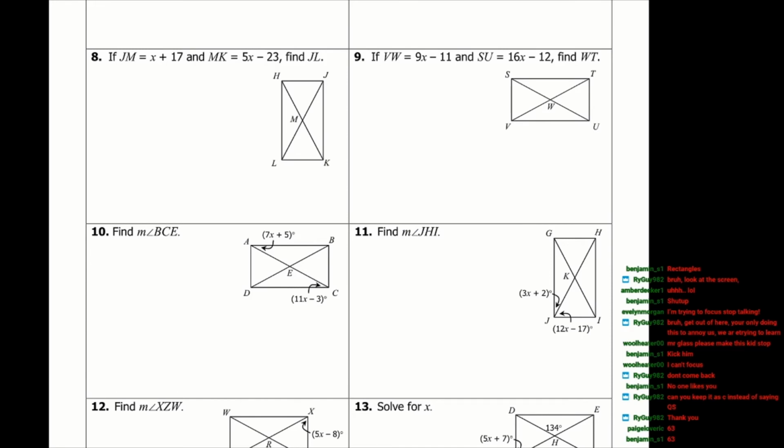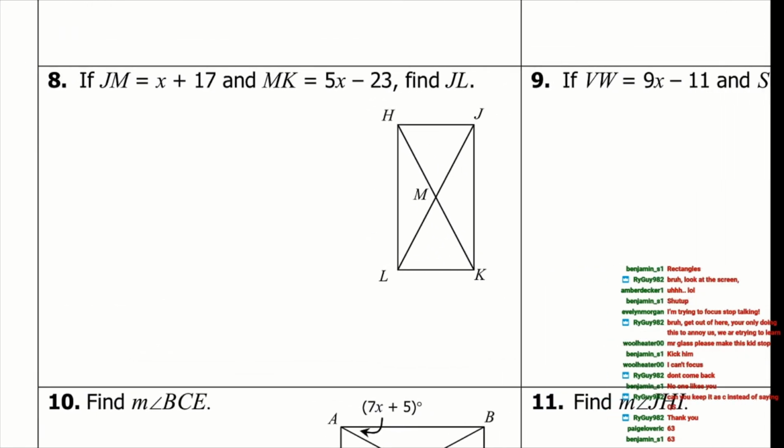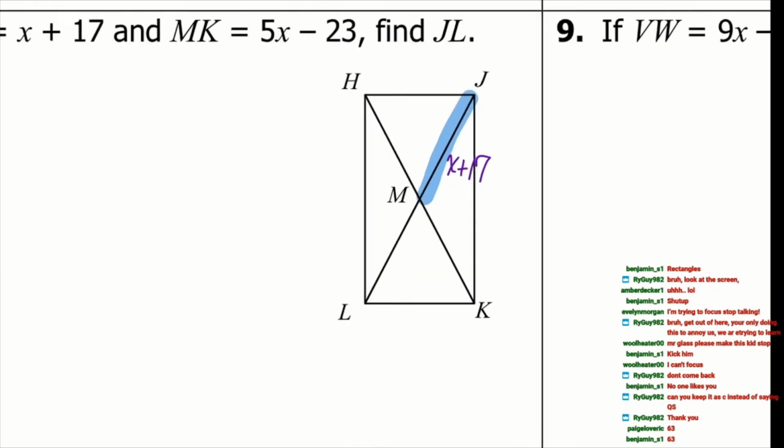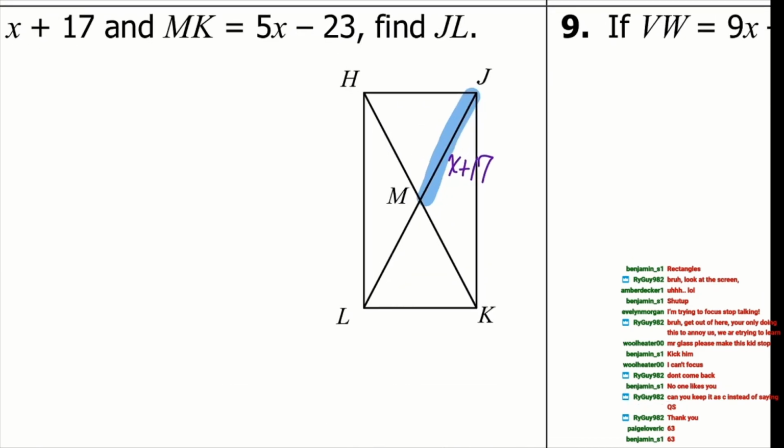which gives us JM is x plus 17. Let's see, where's JM? So that's right here. So I'm going to label it in there, x plus 17. And then MK, which is this one right here.